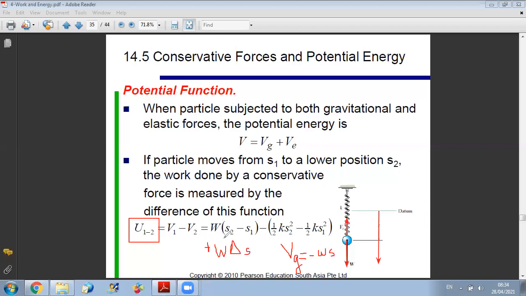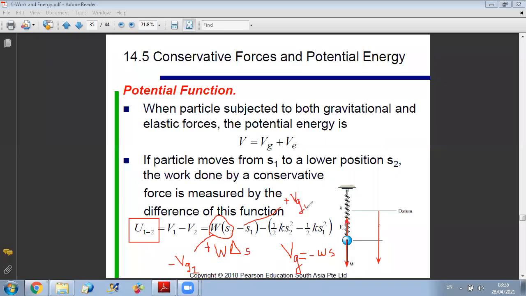Okay, so if you look at your expression, you have WS2 minus WS1. You can replace WS2 by minus V gravitational 2. And you have minus WS1 is plus V gravitational 1.